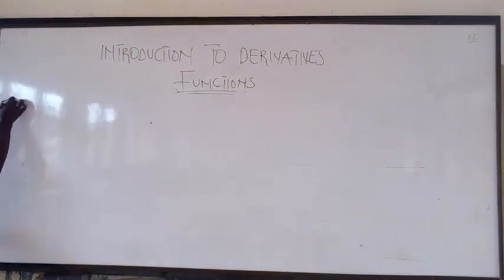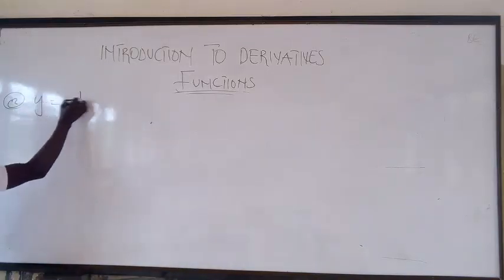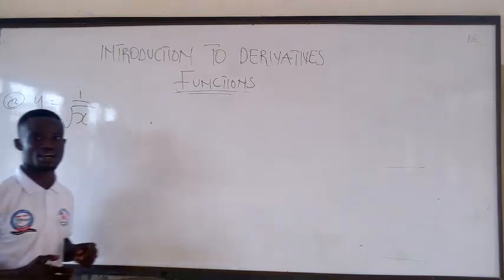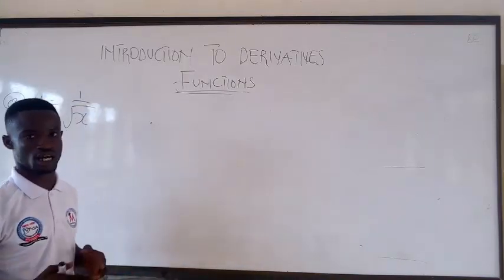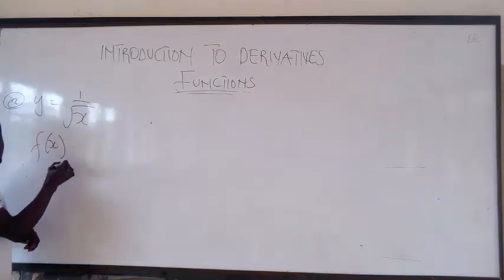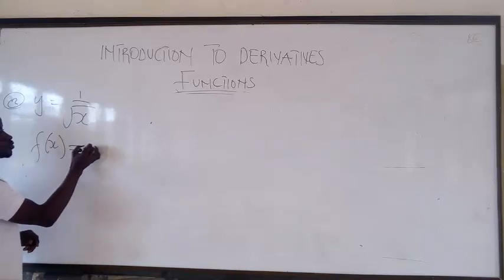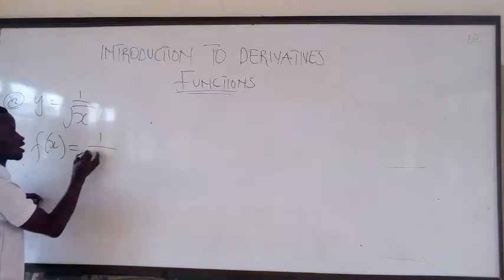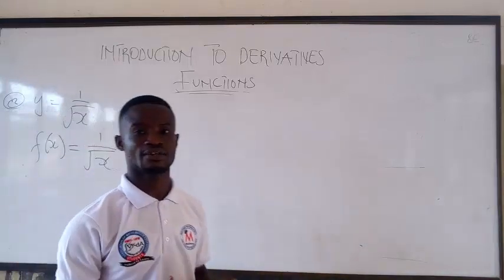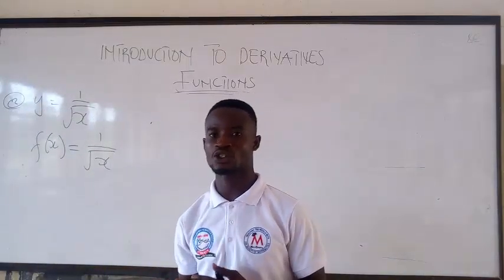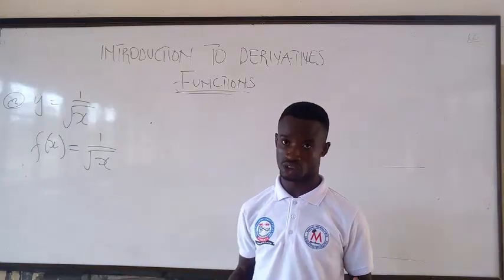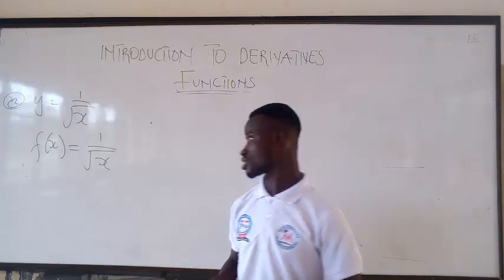So in the second question, we have y equal to 1 over square root of x. In using the first principle formula, we define f of x to be equal to 1 over square root of x. I have already told you in the first question that the y given to you is the function, which is the same as f of x.